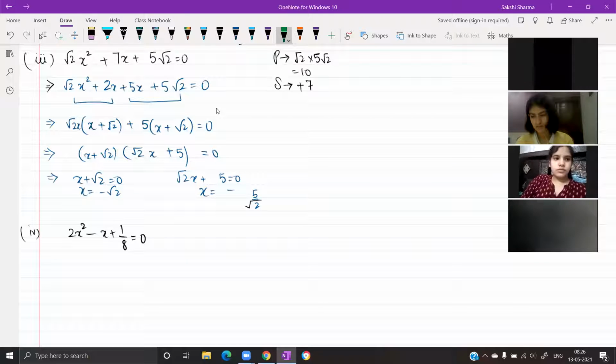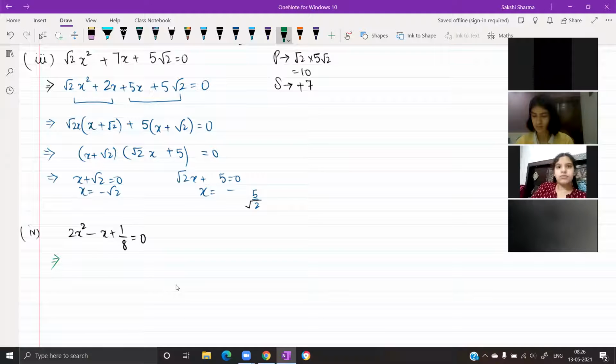Yes, ma'am. Beta, can you help me with the answer for this part? What will be the first step? Can we factorize such a polynomial, or do you have to simplify it? That's right, Rajvansh. This is a very simple question.